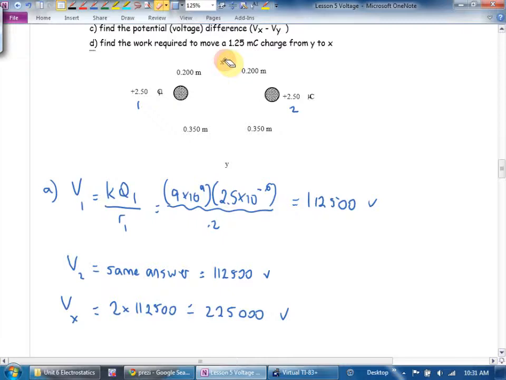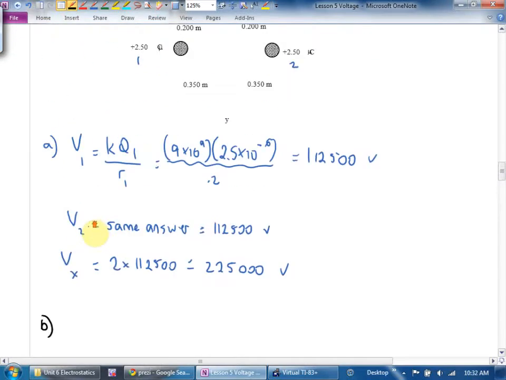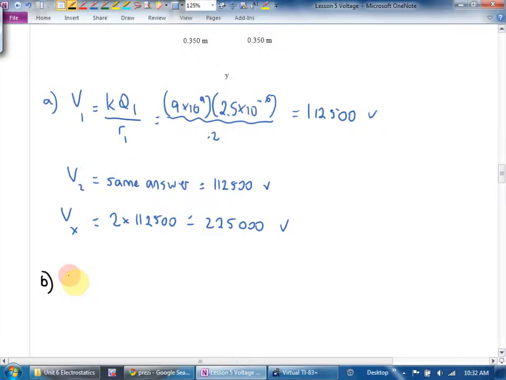Then we're going to find the voltage at location Y. At location Y, the voltage from charge 1 is going to be KQ1 over R1, 9 times 10 to the 9th, 2.5 times 10 to the negative 6, all over.